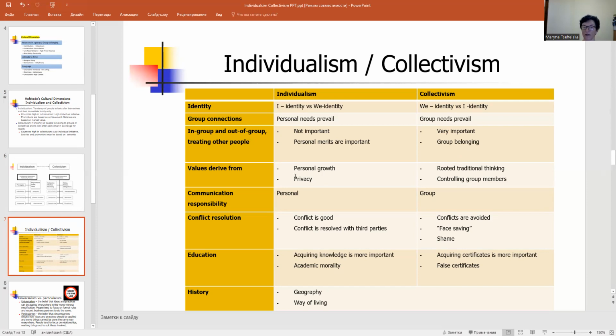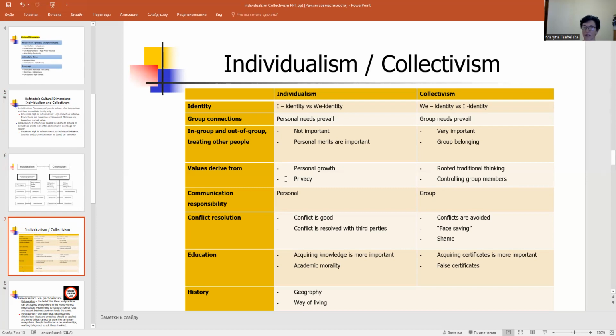Values in individualism derive from personal growth and privacy. In collectivism, the main values are rooted in traditional thinking, and it is very important that the group members control over the group.